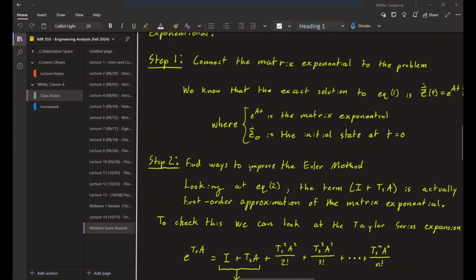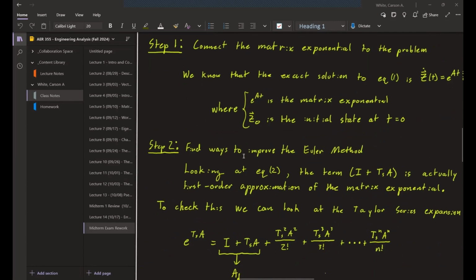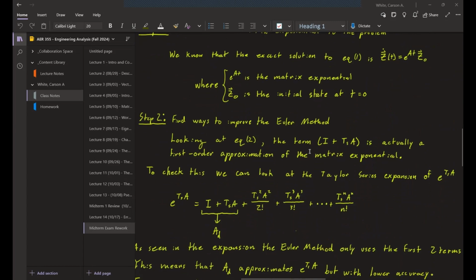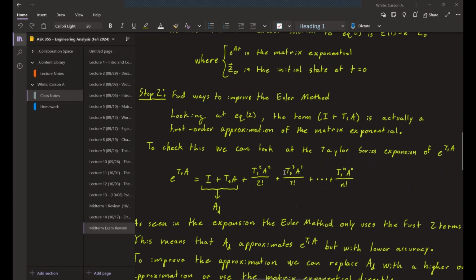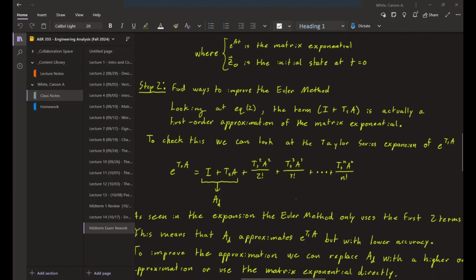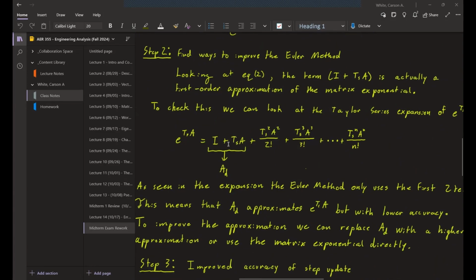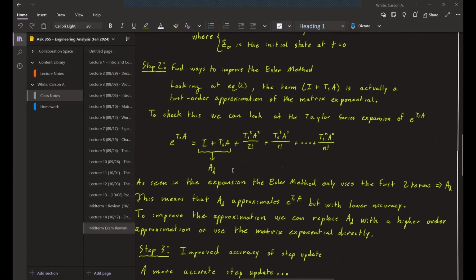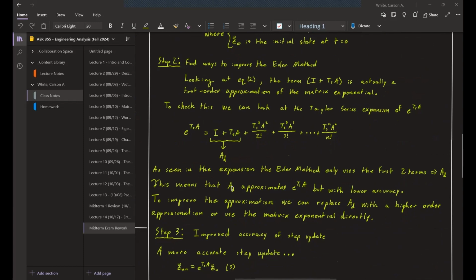Next, we want to find a way to improve the Euler method. By looking at equation 2 from above, the term I plus TSA is actually a first order approximation of the exponential. We can check this by looking at the Taylor series expansion of the matrix exponential. As we can see right here, only the first two terms are used for the approximation.